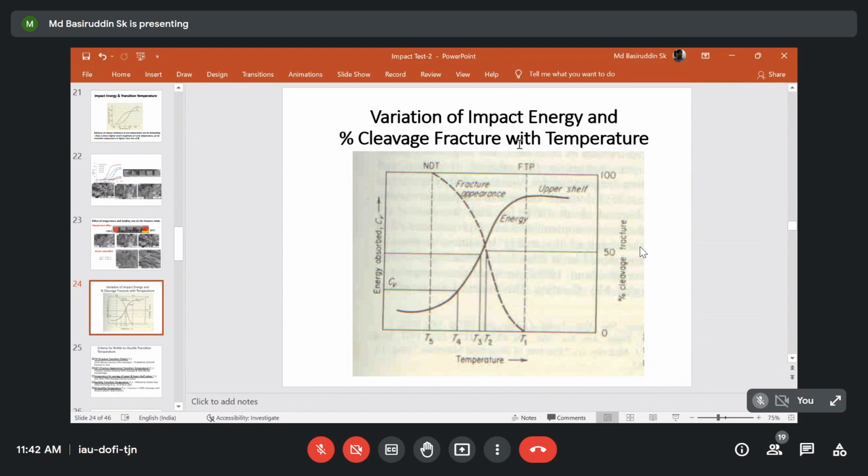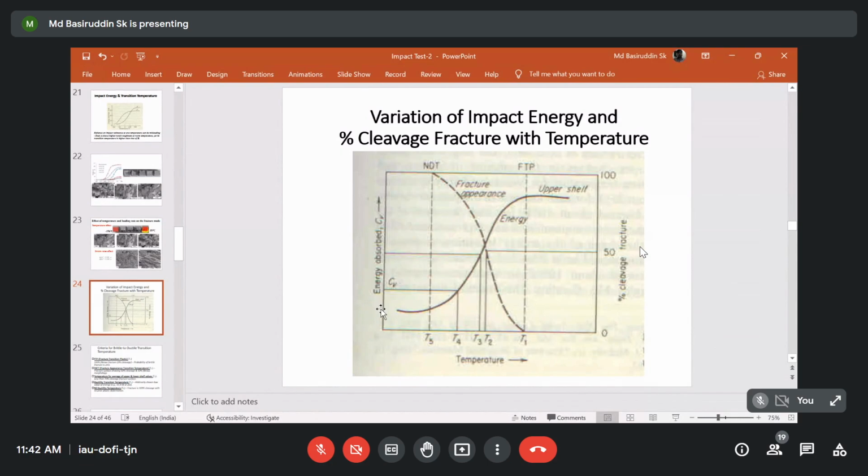That means when the fracture has completely converted from brittle to ductile, that particular temperature is called the fracture transition plastic. Okay, so in that way you can evaluate these parameters to assess material performance.